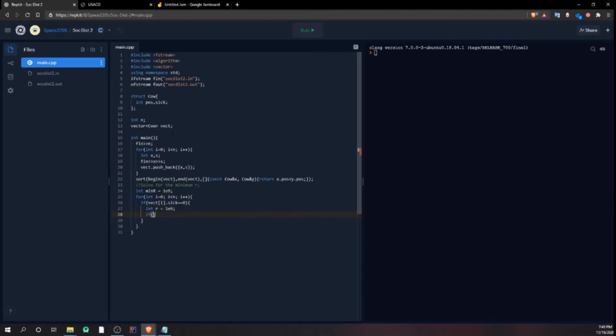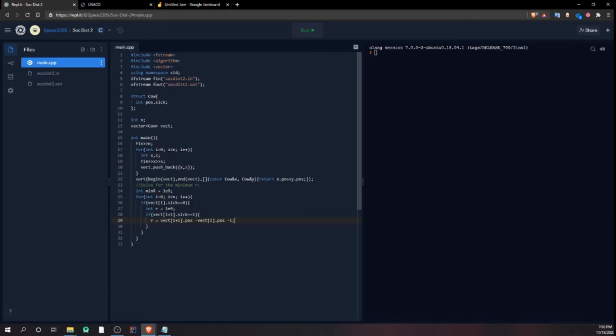So I'm going to say that if vector at i plus 1 dot sick is equal to 1, meaning that it is actually sick, then I'm going to say that our r is equal to the vector at i plus 1 dot position, so basically the next value's position, minus vector at i dot position, and then minus 1.